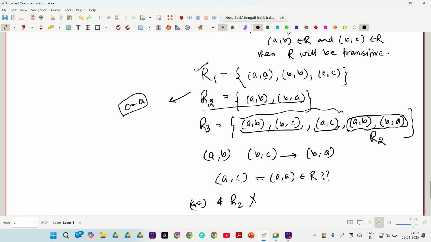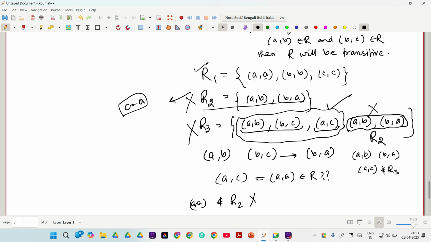These three elements satisfy the condition of a transitive relation: A comma B belongs to R, B comma C belongs to R, and hence also A comma C belongs to R. But for this one, the transitive relation condition is not satisfied, because A comma B is there, B comma A is there, but A comma C, which is A comma A, does not belong to R3. Again, this is not a transitive relation. So R2 and R3 are not transitive relations.